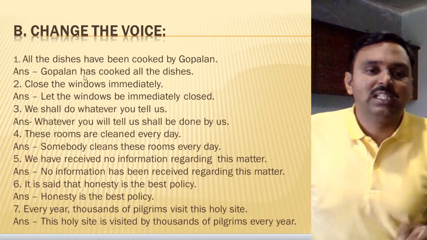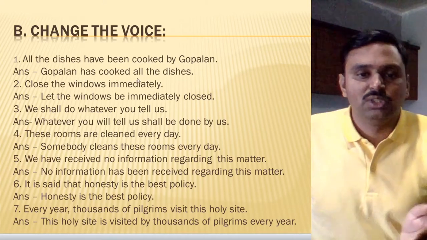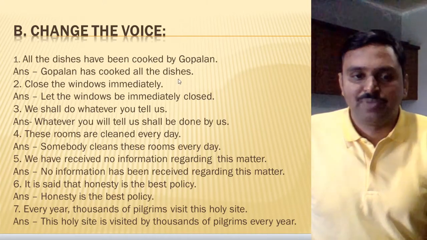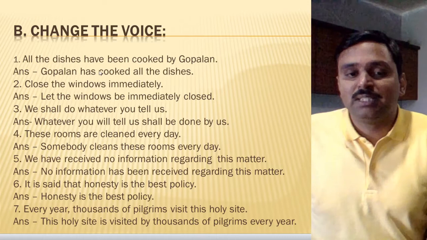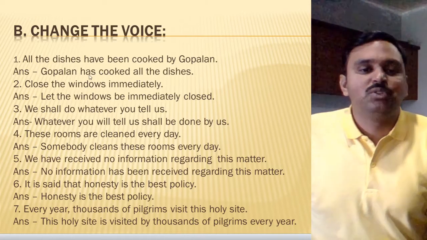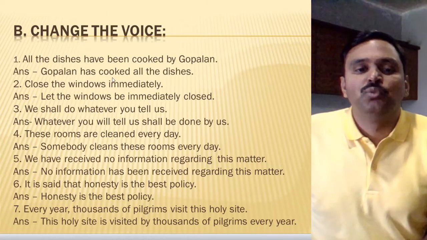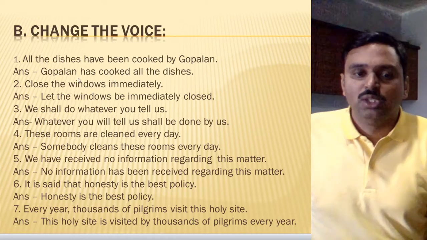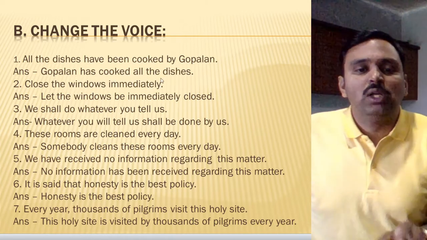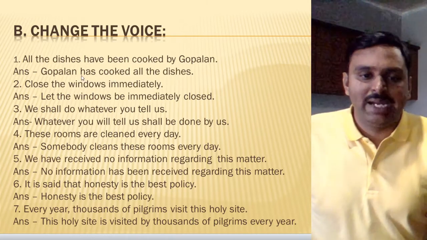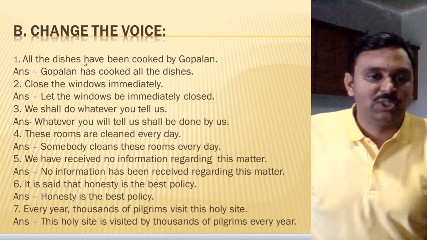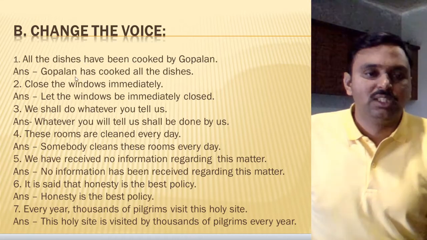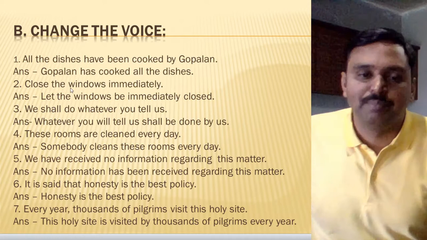So Gopalan has cooked all the dishes. This is an example of present perfect tense, for that purpose you use has plus V3. Alright. So Gopalan has cooked all the dishes, an example of active voice. This is passive voice. Have you got that? Let's go to number 2 example.